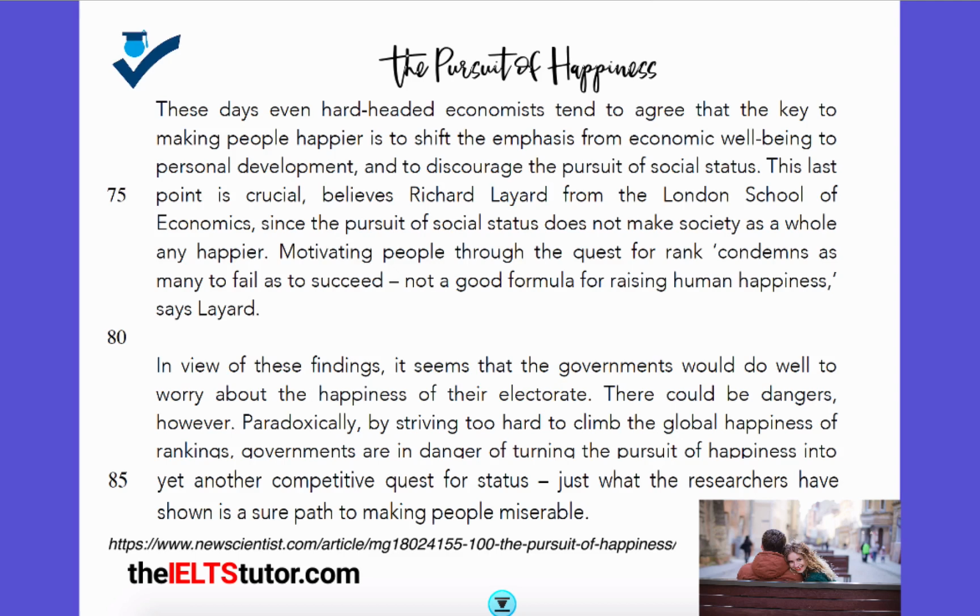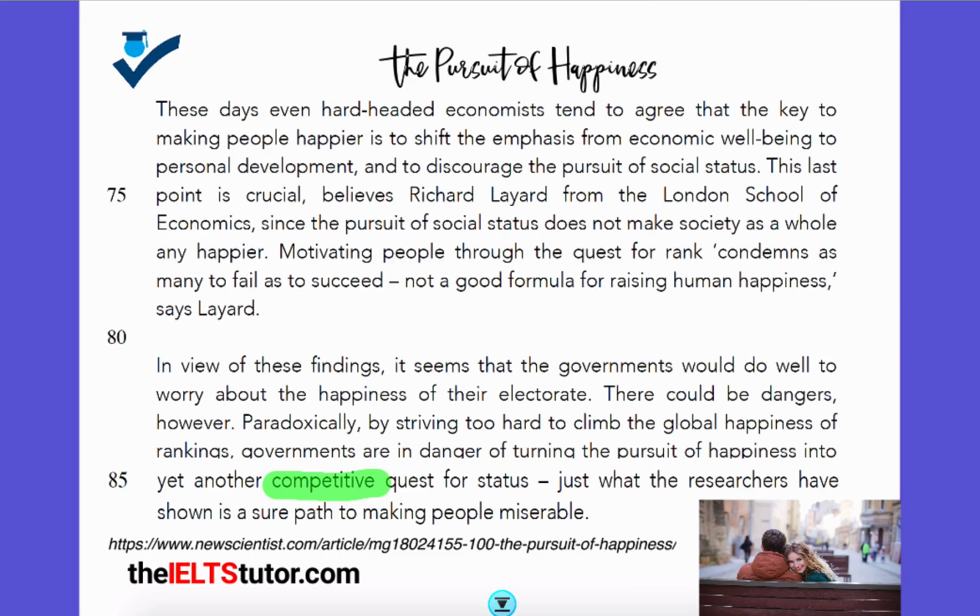Paradoxically, by striving too hard to climb the global happiness rankings, governments are in danger of turning the pursuit of happiness into yet another competitive quest for status. Competitive. We know from how it's structured that it has a base word, compete or competition.